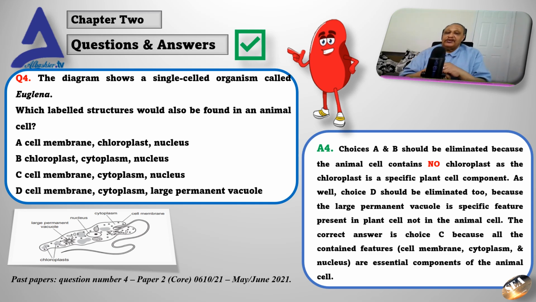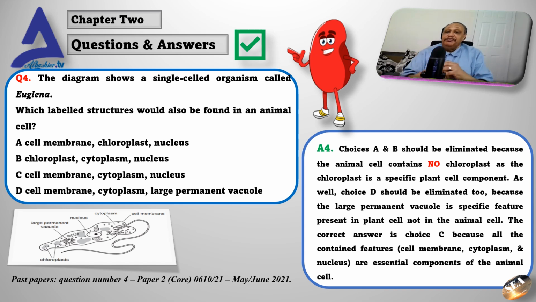I answered saying choices A and B should be eliminated because the animal cell contains no, and I write NO in capital letters, big no, chloroplast, as the chloroplast is a specific plant cell component. So since the combination has chloroplast, it cannot be part of the animal cell and should be eliminated.